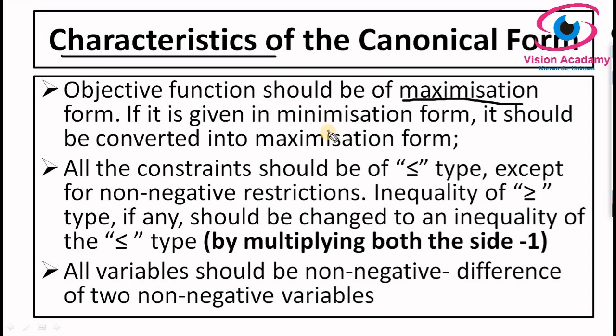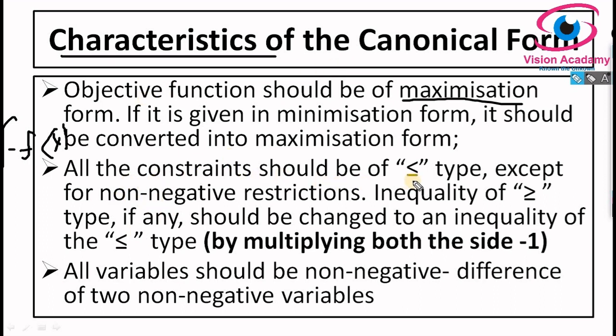The reason is that if a function f of x is minimum at the point x equal to a, say, then minus f of x will be a maximum, which means by just introducing a minus, it will become a maximum type. So it is a mirror image of the given information, and there will not be much change to the problem. Firstly, we must concentrate on the objective function.